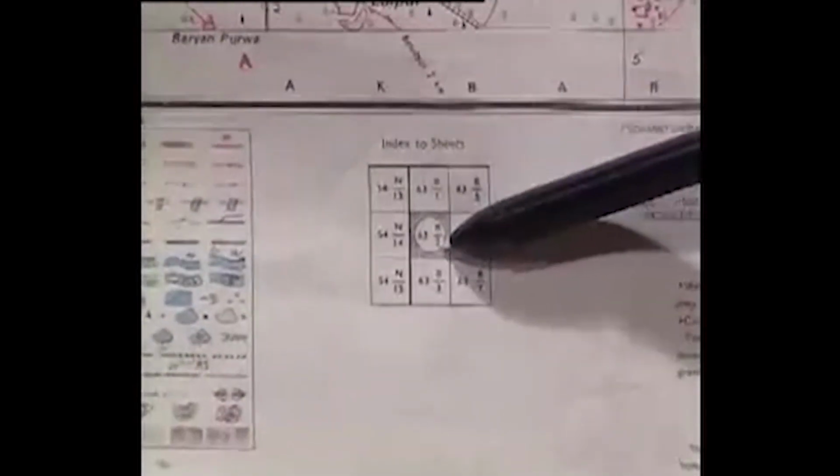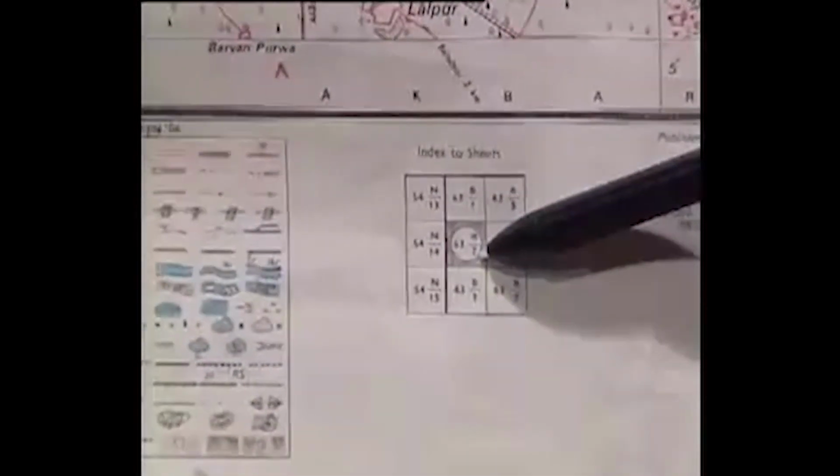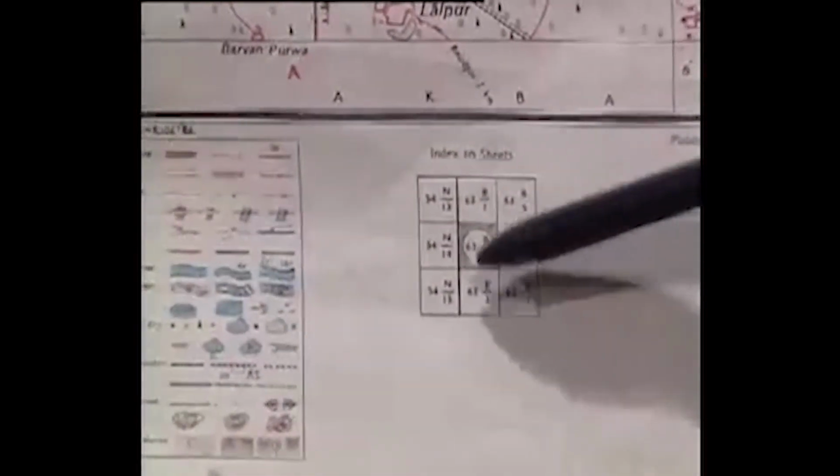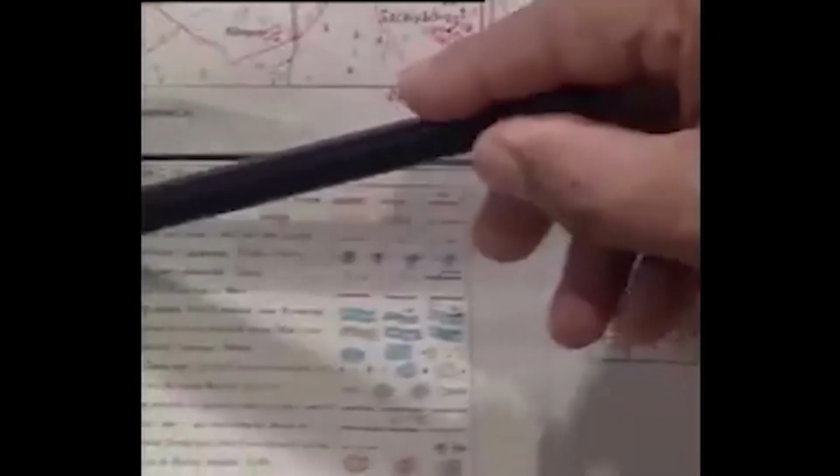Finally, some more fine details are there. Then next to that, as we have seen, this is the sheet index. So the sheet index is also available in the map sheet. Corresponding to our area of interest, 63B by 2, there are other sheets which surround it. Then some more symbols or the legend here.